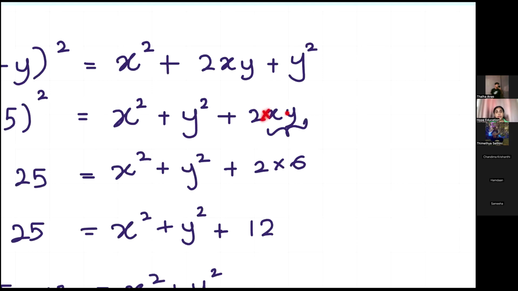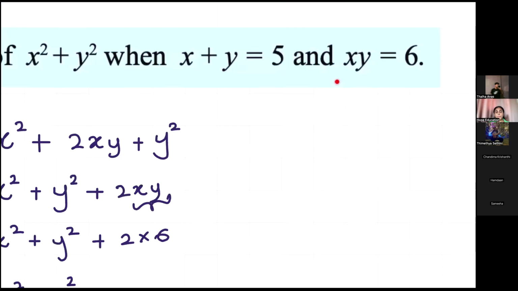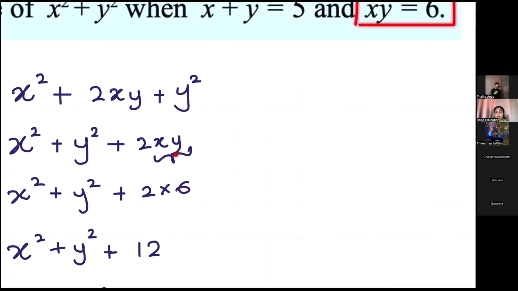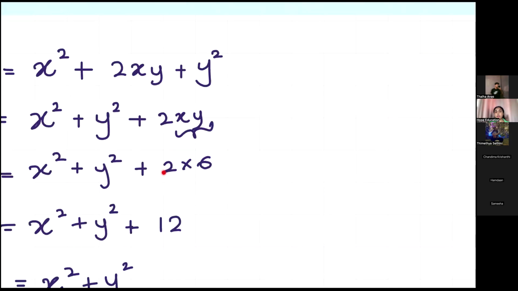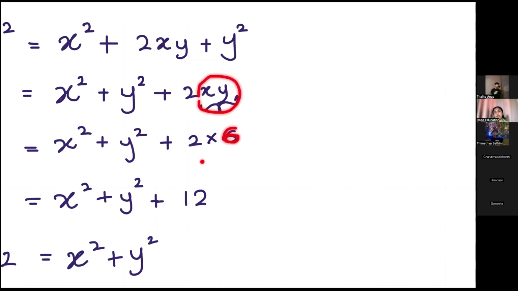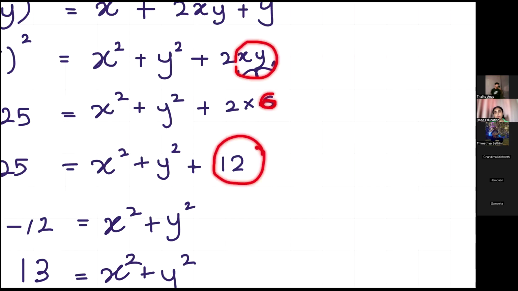Look, the question says xy is 6. So I write 2 multiplied by 6 in place of xy, because they have said xy is 6. Then 2 multiplied by 6 is how I got 12. Is that clear, Hamda? Yes.